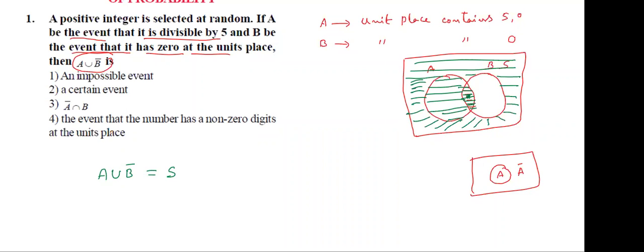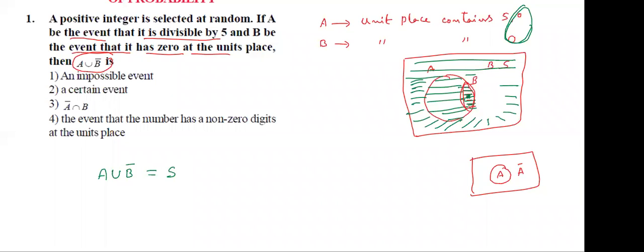Okay, students, do you understand? Here the intersection part of both is 0 only. I think I want to change this part of the diagram. This is B, because we are getting 0 now. This is the B part.